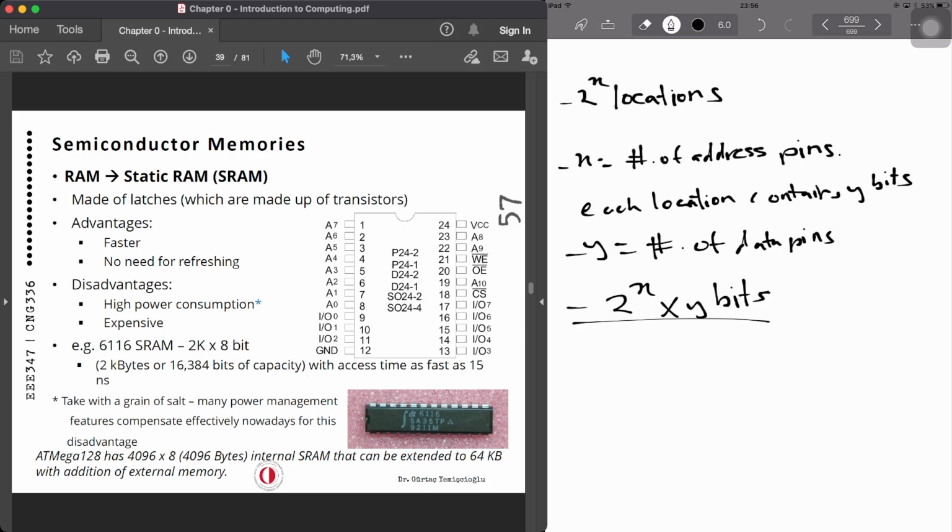They are really fast. Disadvantages are that you need lots of flip-flops or latches in there. It has high power consumption. It's expensive because of the number of transistors that you use. For example, the 6116 SRAM, 2K by 8-bit, 2 kilobytes, or 16,000 bits of capacity, has an access time as fast as 15 nanoseconds.